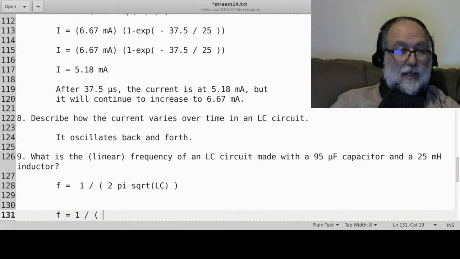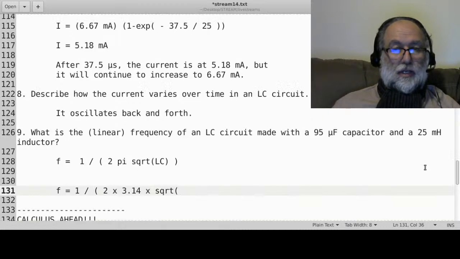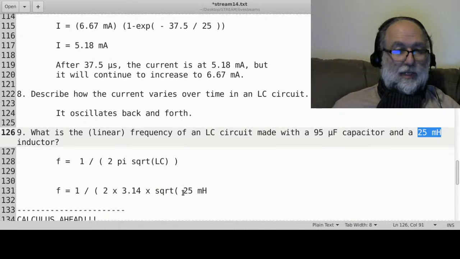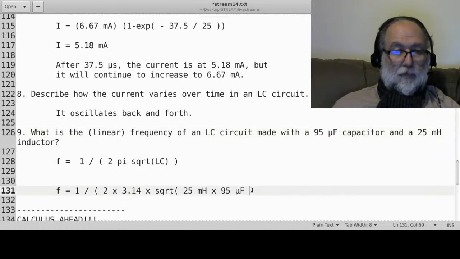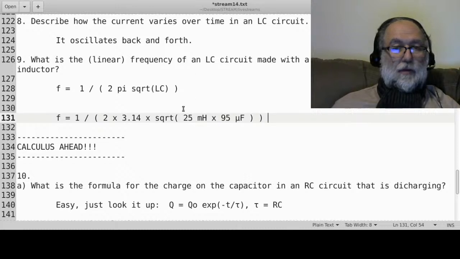Okay. So 1 divided by 2 times 3.14 times the square root of L. So there's the inductor, which is 25 millihenries, like that. Okay. Times C, which is the 95 microfarads, like that. Okay. All right. Now, this is not MKS right here.